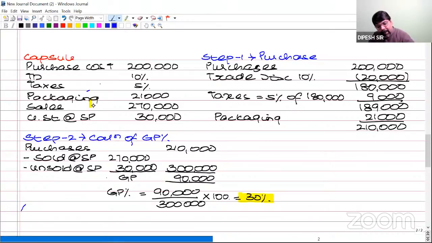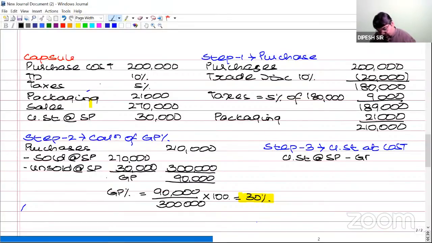Okay. Step 3. Closing stock at cost. Closing stock at cost, that is chartered, is closing stock at selling price minus GP percent.